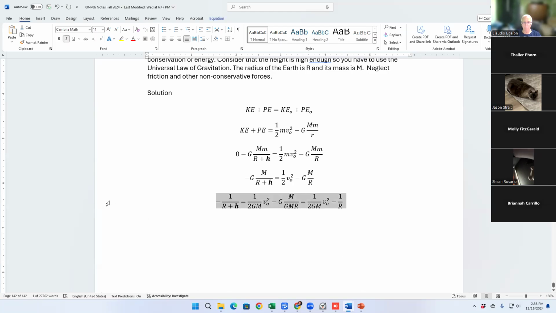All right, so that's the negative sign, we have to put the negative sign on the other side, right? Negative here, positive here. Take the inverse of everything, both sides. And what do we get? Here we go.